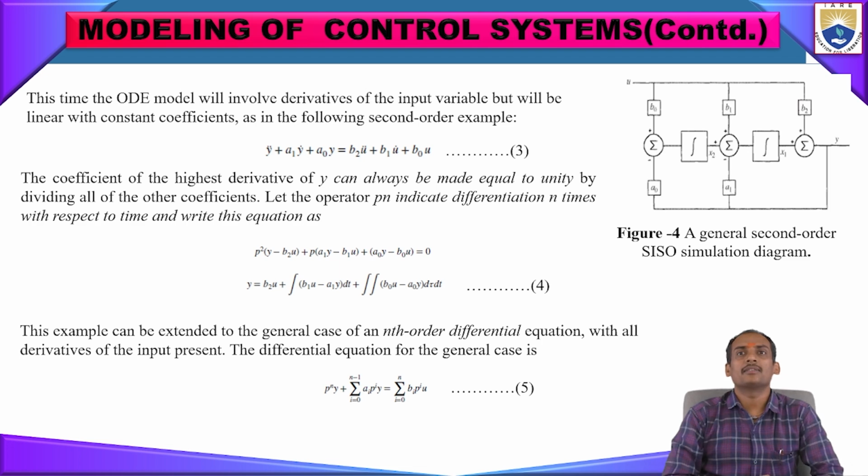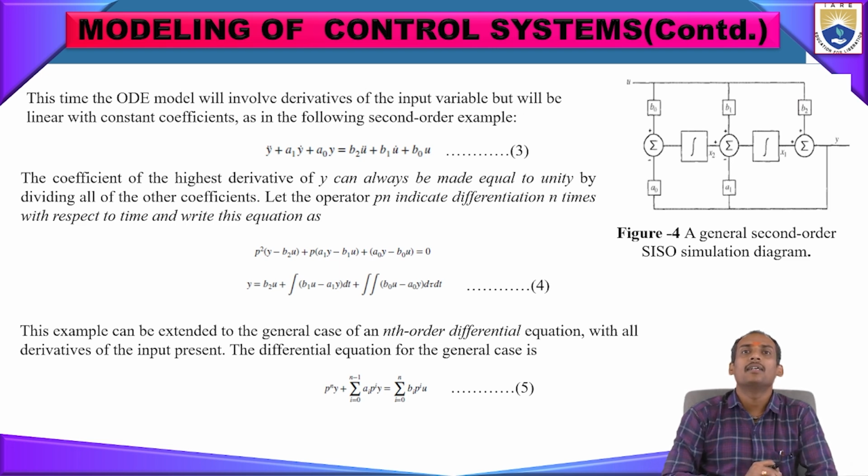Let the operator p to the n indicate differentiation n times with respect to time, and write the equation for this double differentiation, the second order differentiation function.